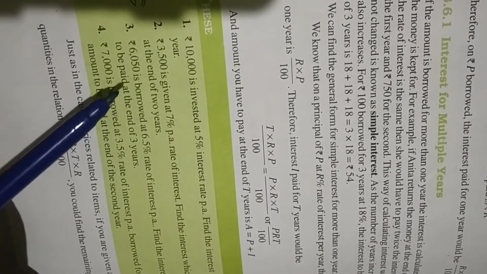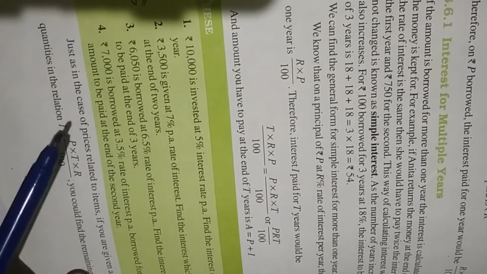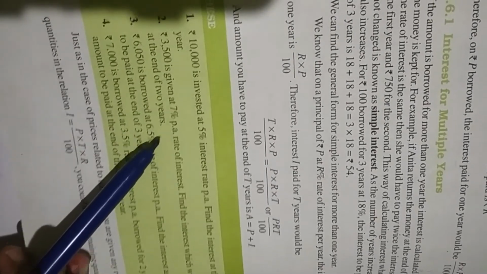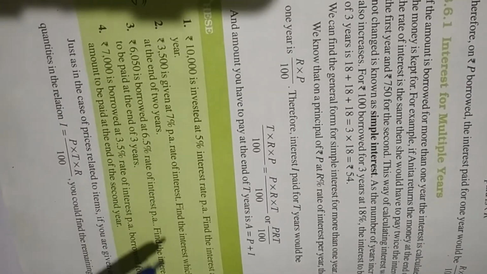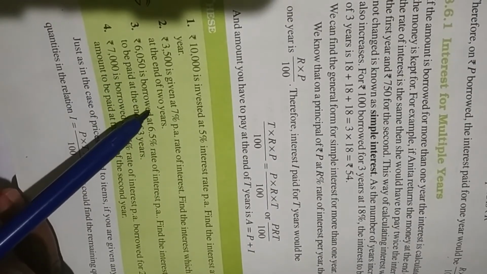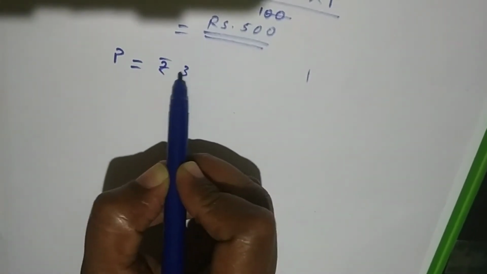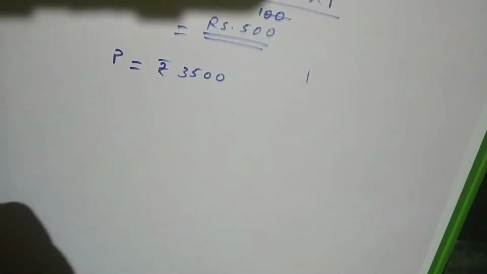Next question is, rupees 3,500 is given at 7% per annum rate of interest. Find the interest which will be received at the end of 2 years. Here the principal is equal to rupees 3,500.